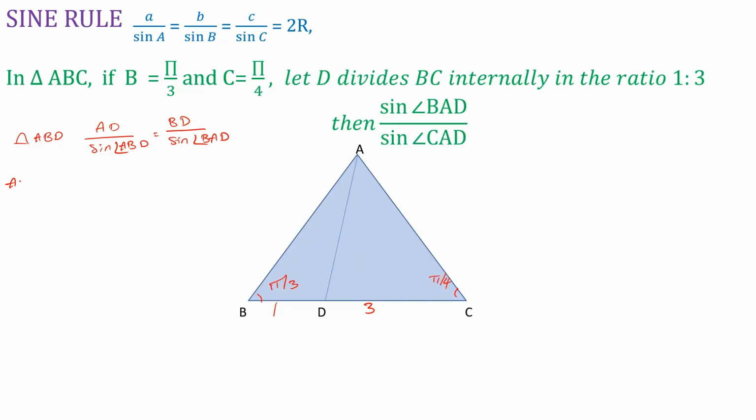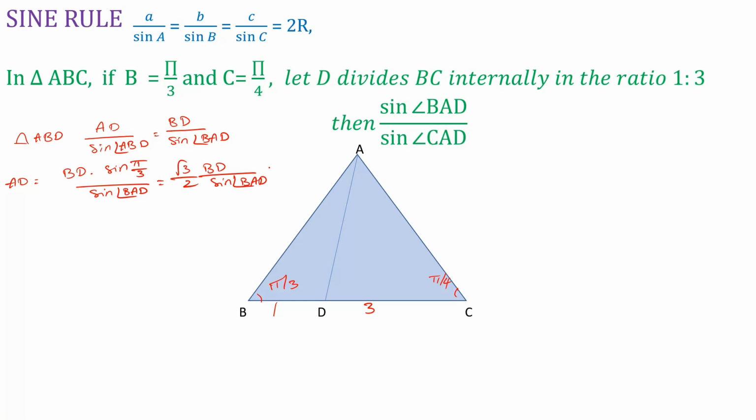Now AD is equal to, taking the sine to the other side, BD into sine angle ABD, which is given as pi by 3, upon sine angle BAD. Sine pi by 3, that is sine 60 degrees, is root 3 upon 2.